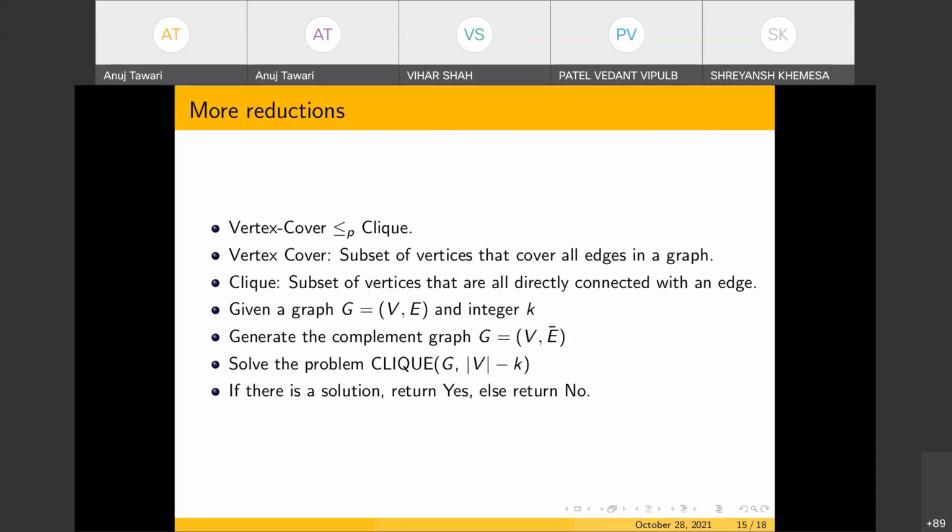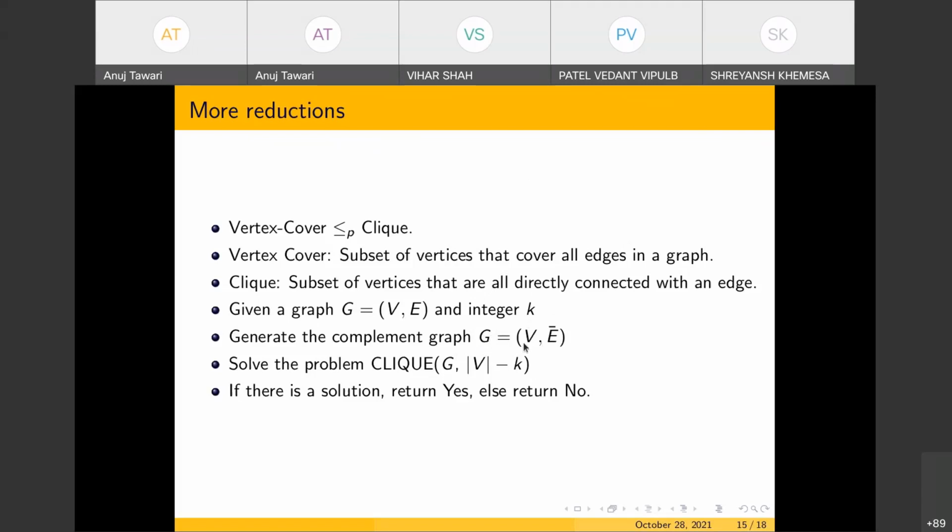Okay? So this is a very nice reduction. You are given a graph G = (V, E) and an integer K, and you want to ask the question: does this graph have a vertex cover of size at most K? Then we will generate this complement graph. Actually, this should be G prime, which is (V, E bar).